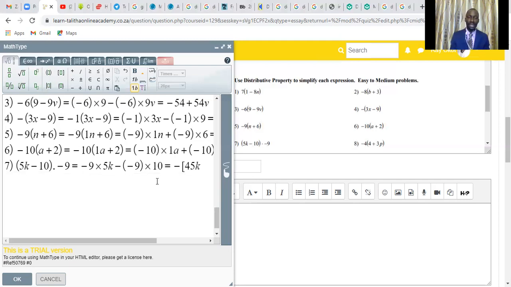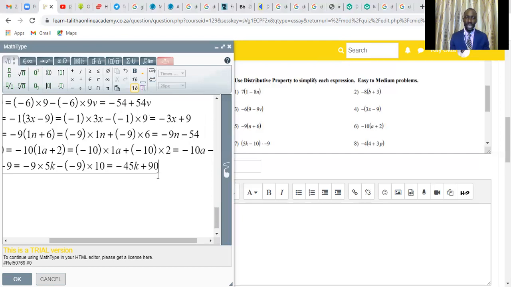Now notice that when we multiply a minus and a minus, we get a plus. So after the first term, we will be having a plus 9 times 10, which is 90. Yes, that is how we would simplify the question.